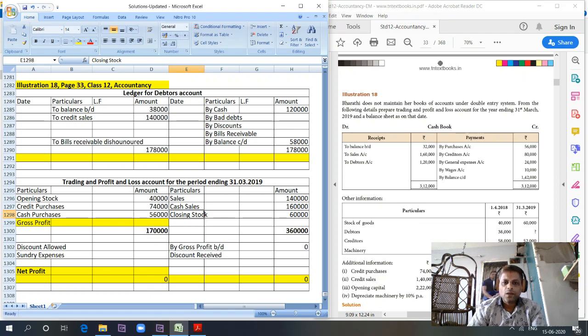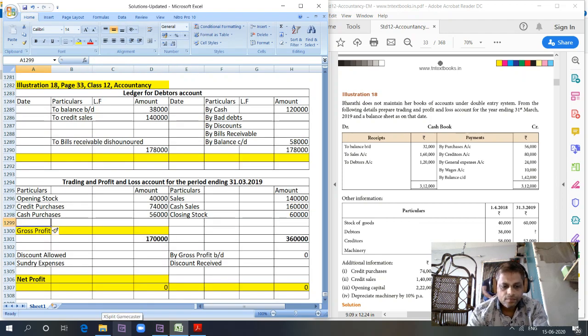So what else we have? Wages account 10,000 rupees. Then what else we have for trading account? We don't have anything in trading account.